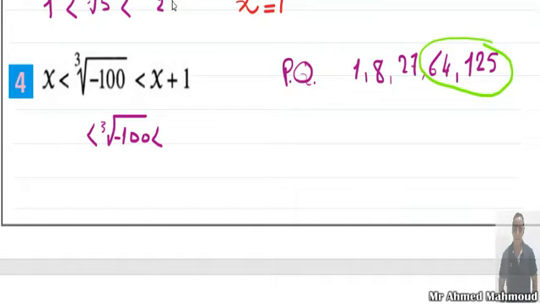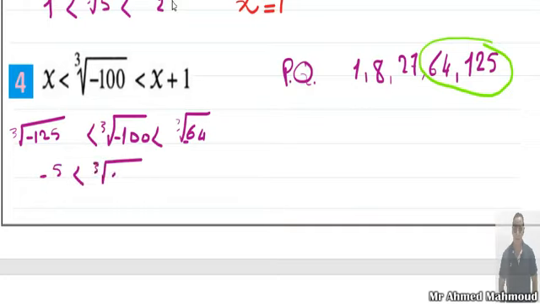I'm going to start with negative 125. It will be cubic root of negative 125, and here cubic root of negative 64. Here we have negative 5 less than cubic root of negative 100, less than negative 4.